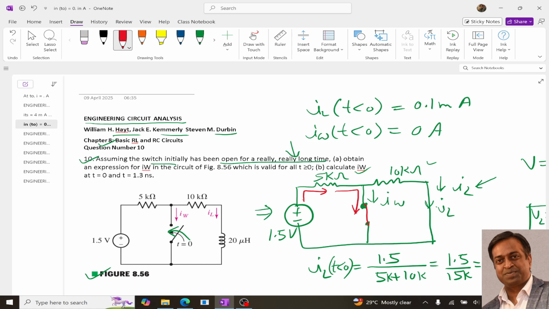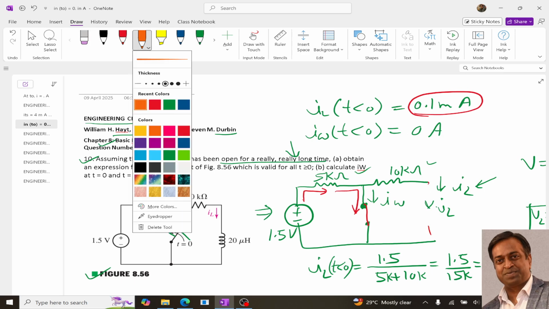Now no current is flowing through this branch, so the inductor, which is present here, will try to maintain its current, and so it comes into the picture.